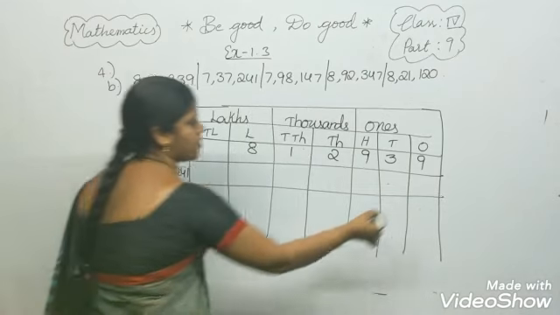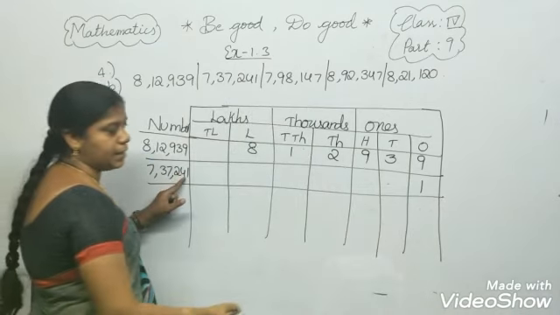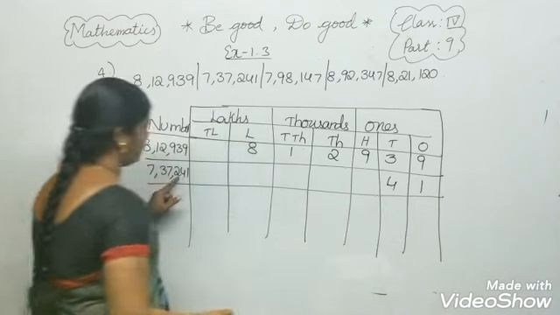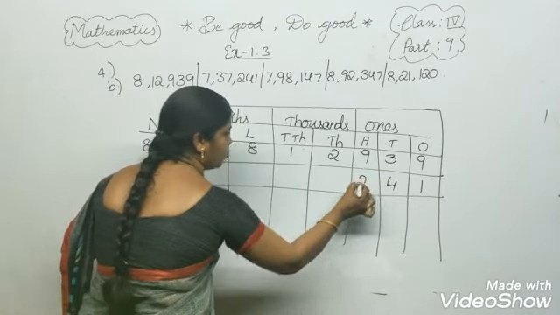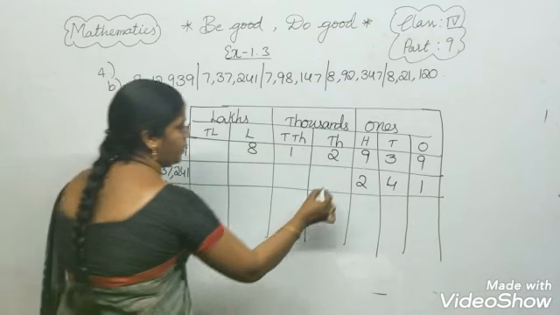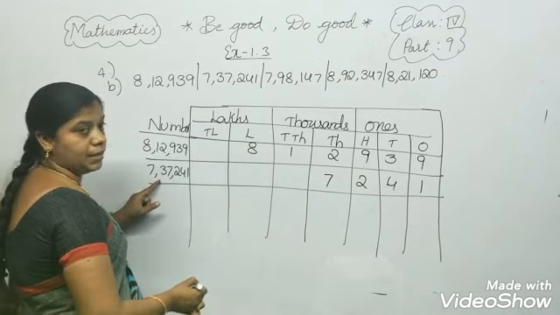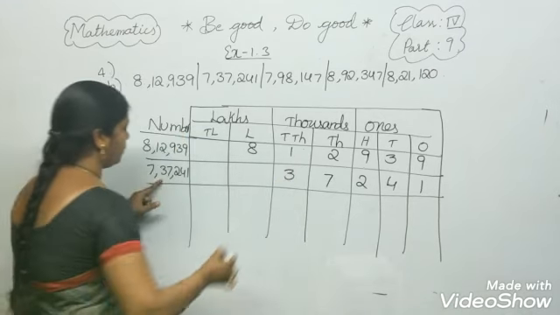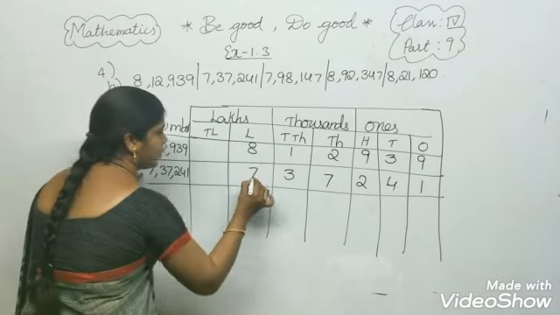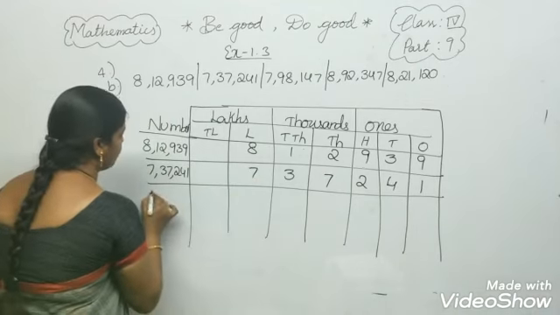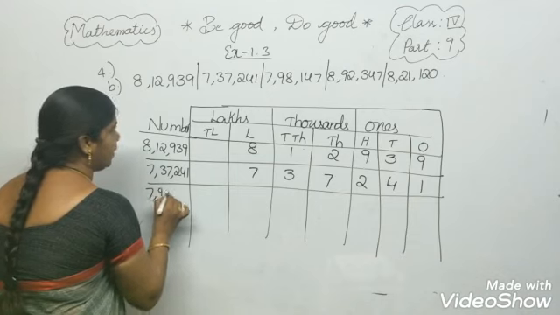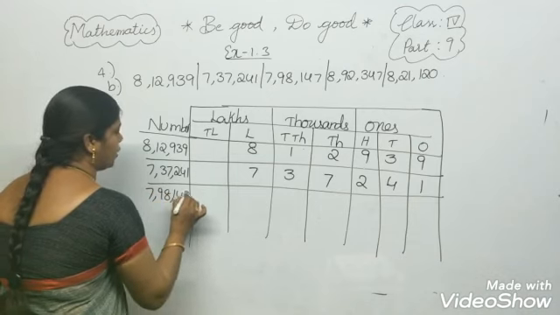The ones place 1, tens place 4, hundreds place 2, thousands place 7, 10,000s place 3, and in lakhs place 7. Now the third number, 7,98,147.